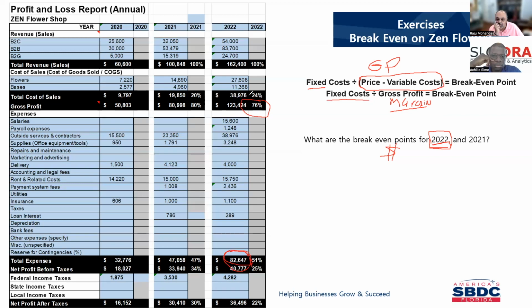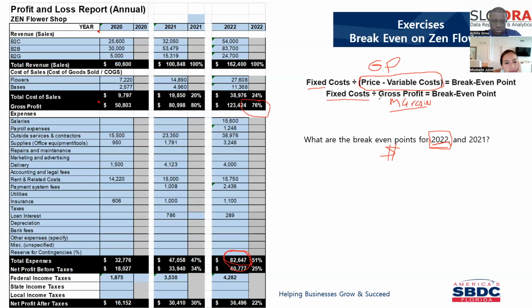I had the 66% and then multiplied. How do you get 66%? Dividing the total expenses, 82,647, divided by the 123,424, the gross profit. Divided the total expenses by the gross profit.